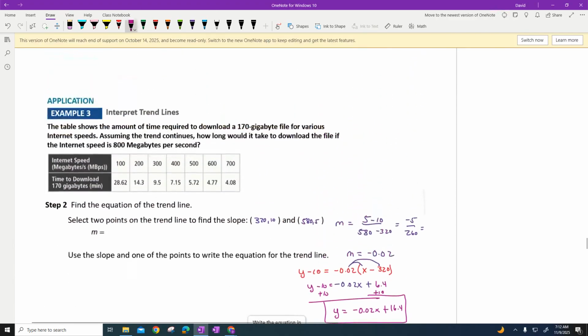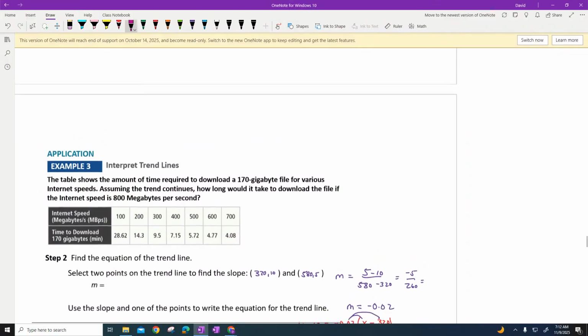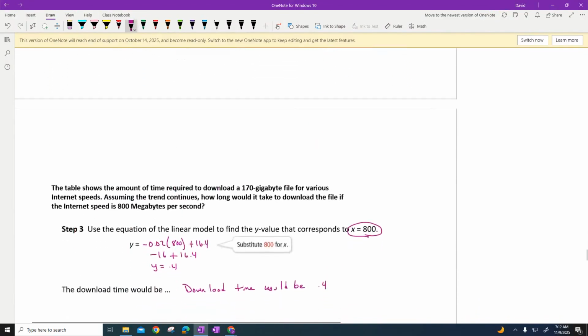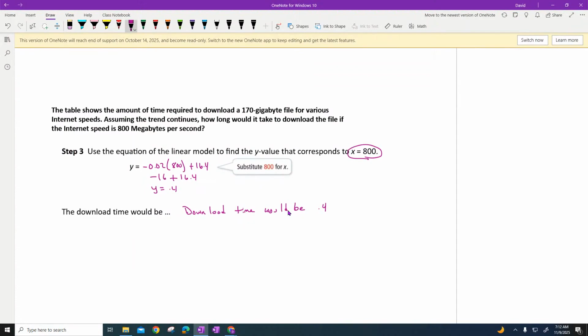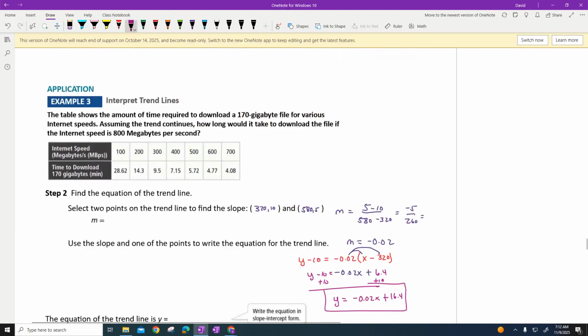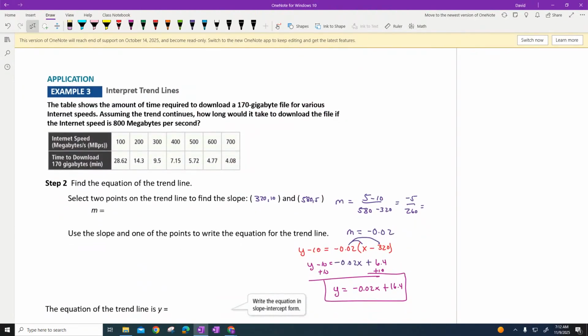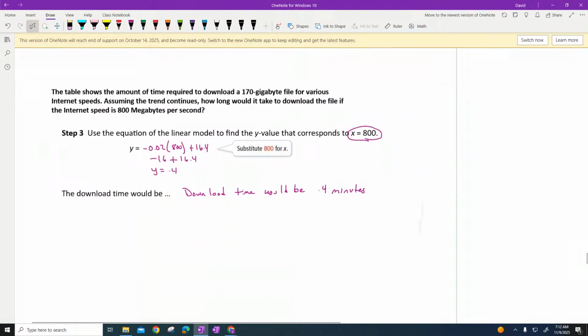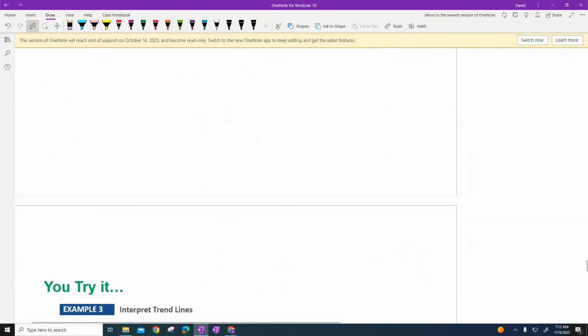I think it's in seconds, maybe minutes. But it's in minutes, 0.4 minutes. Okay, so there we go, it's in minutes. And now, I think you have one to do.